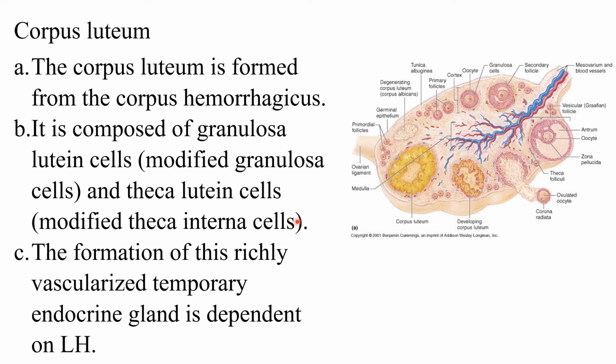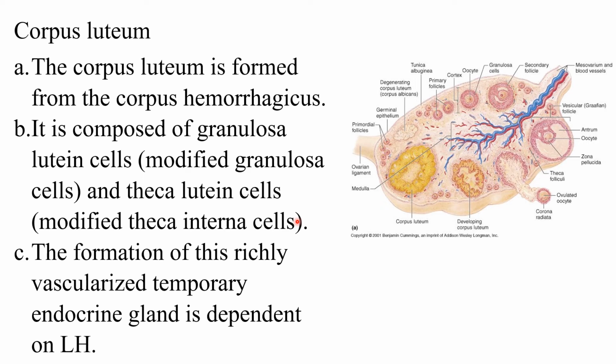It is called corpus haemorrhagicus because of the blood clot that is significantly observed in this region after the expulsion of the ovum. This corpus luteum is composed of granulosa lutein cells, which are modified granulosa cells, and theca lutein cells, which are modified theca interna cells.